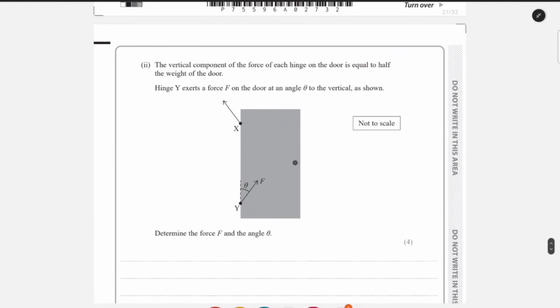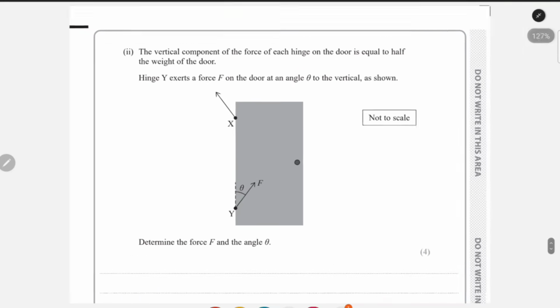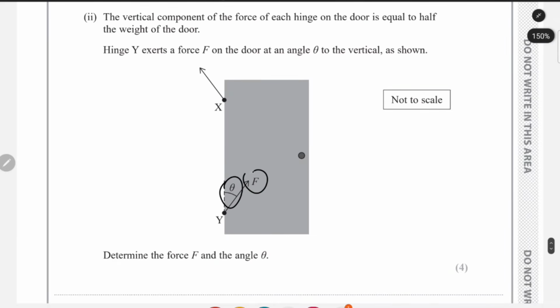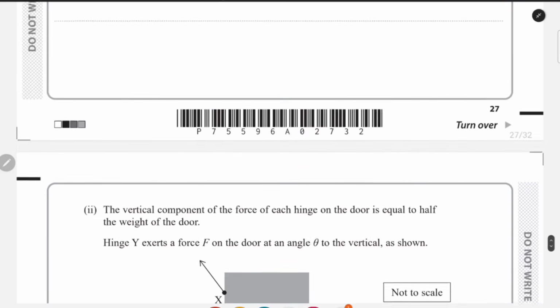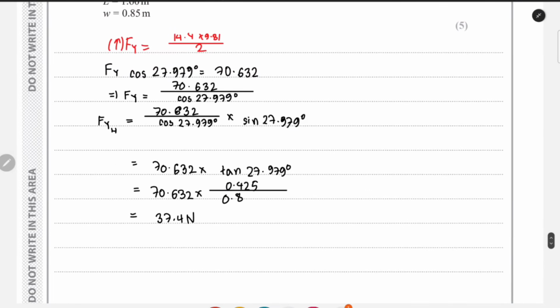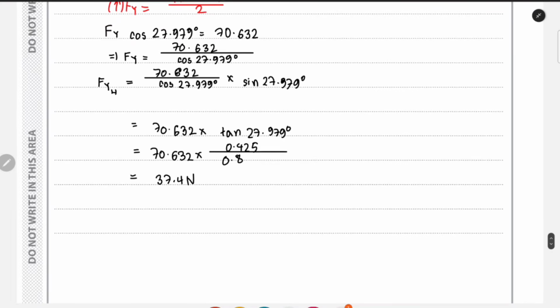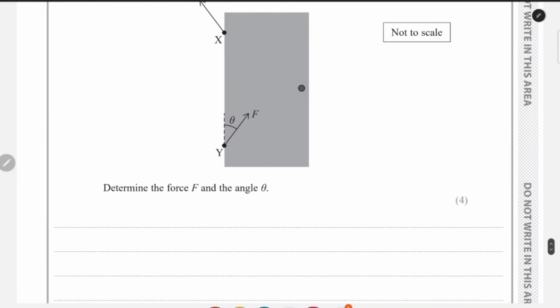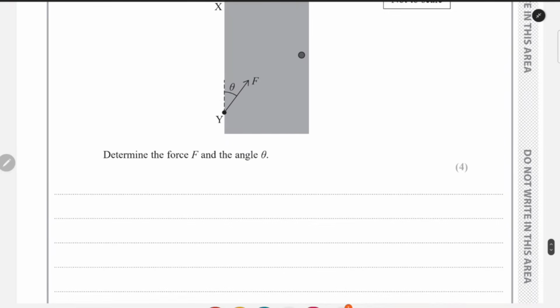Now in part 2 we have to find the force F. Now in this question we have to find theta and the value of F, which is Fy. We did half of the calculation over here. We already know the value of theta and the value of Fy. So we'll just do that again. We'll show that this is the center of gravity.